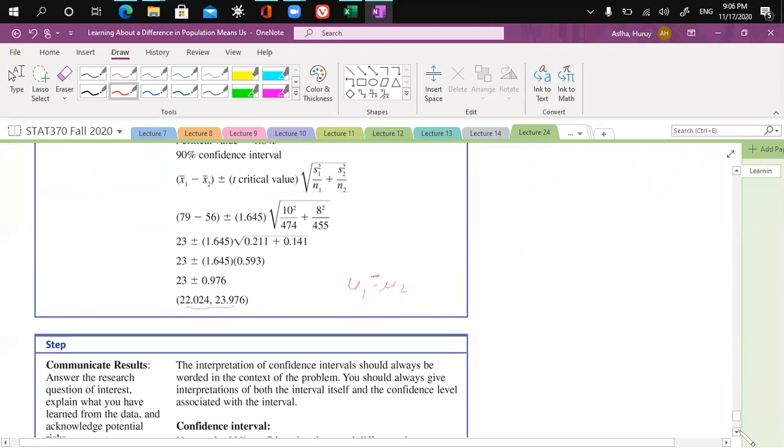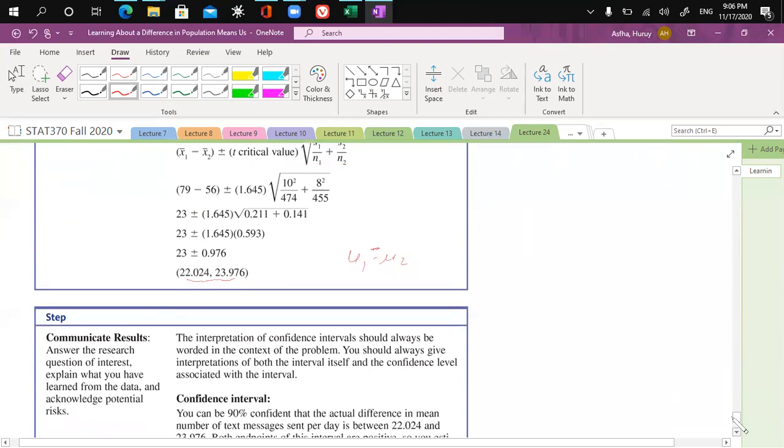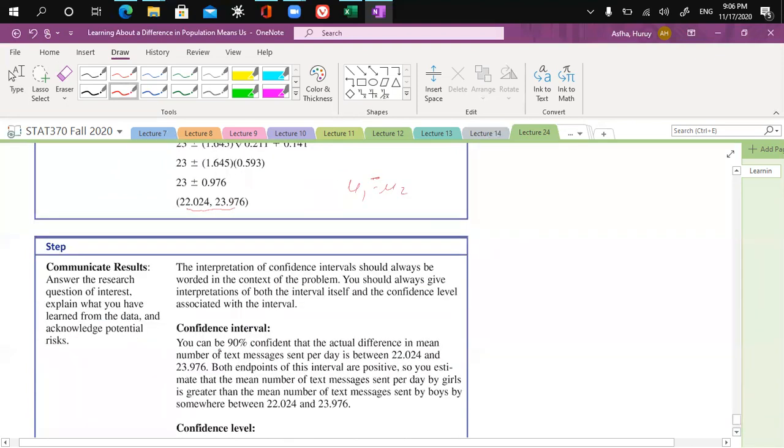Formally, we can say you can be 90% confident that the actual difference in mean number of text messages sent per day is between these two numbers. And since both endpoints are positive, you estimate that the mean number of text messages sent per day by girls is greater than that of boys by somewhere between these values.